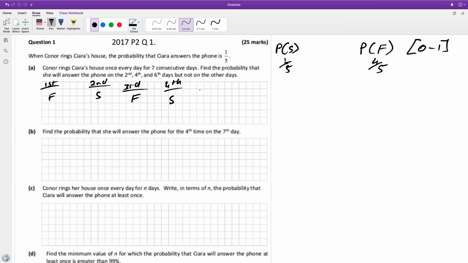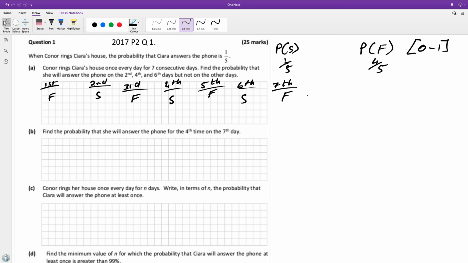Yes, success. Fifth day? She doesn't, it's failure. And on the sixth day? Success. And on the seventh day? Failure. So, first day she doesn't answer, second day she does, third day she doesn't, fourth day she does, fifth day she doesn't, sixth day she does, seventh day she doesn't.